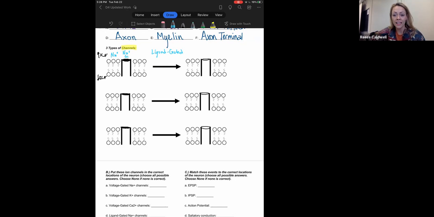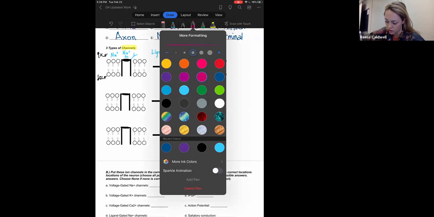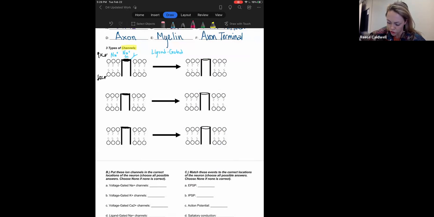And if we use a ligand-gated channel, we'll have some type of neurotransmitter be released that will bind to this ligand, this receptor on the cell membrane, and cause that channel to open.